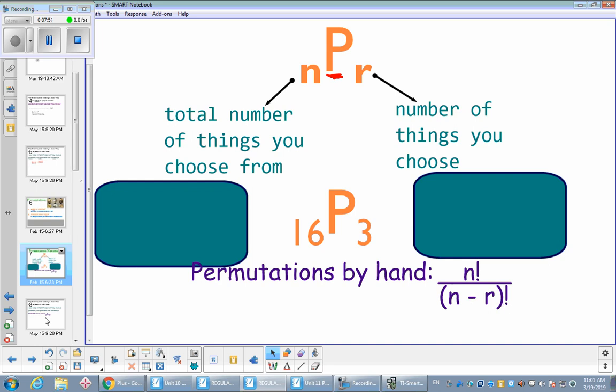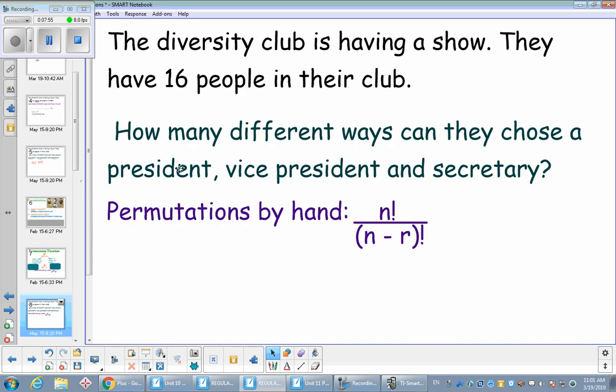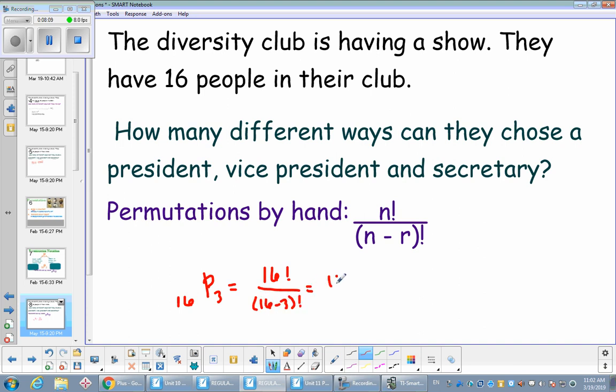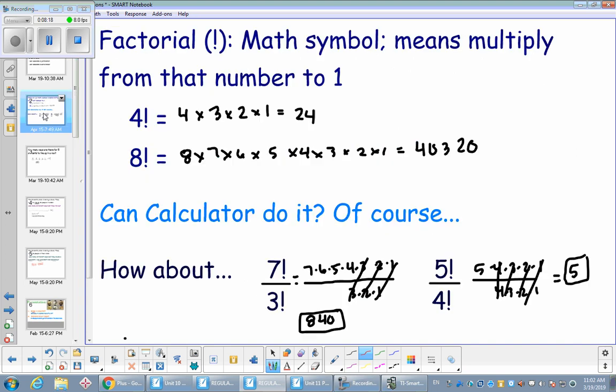So let's go back to this example and use that definition to calculate our permutation. So 16 people, I'm choosing 3 positions. So if I wanted to calculate 16P3, I would do 16 factorial over 16 minus 3 factorial, which is really 16 factorial over 13 factorial. Now remember back to this slide when we were learning how to simplify those?